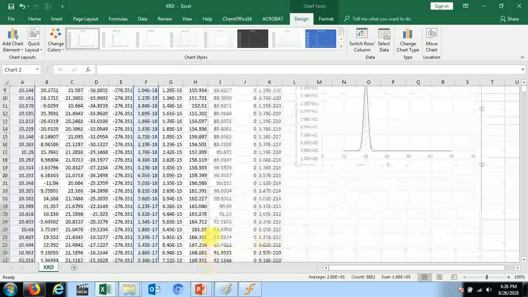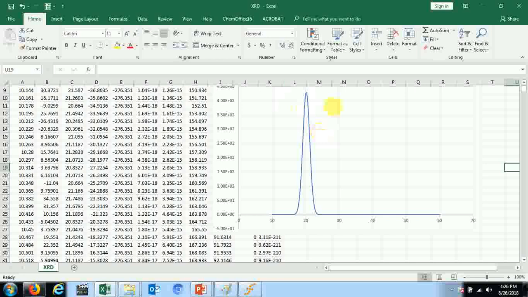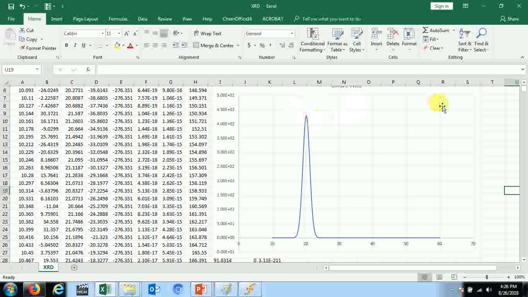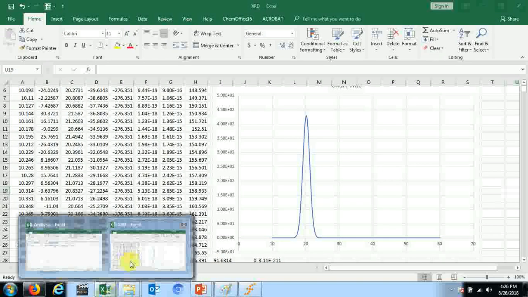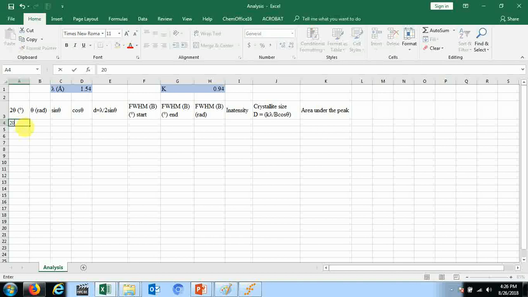So let me zoom it. Okay, what is the 2 theta value of the peak? It is nearly 20.3. So for the first peak, 2 theta is 20.3.